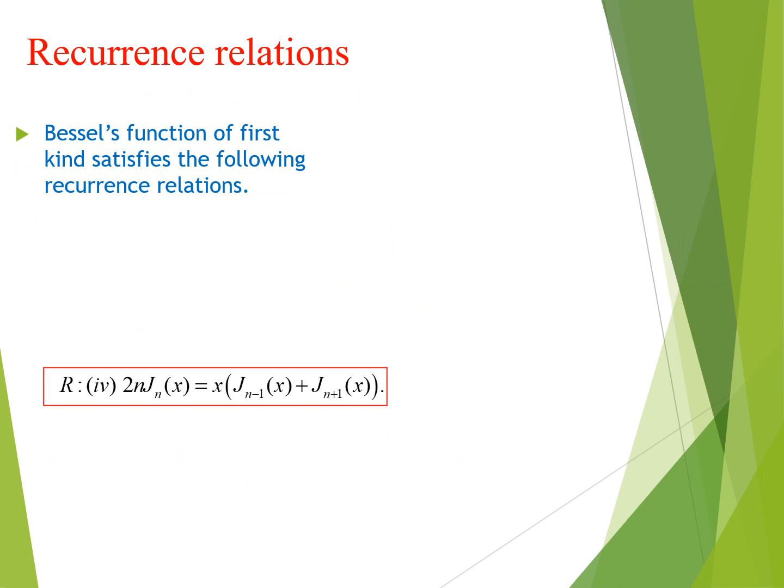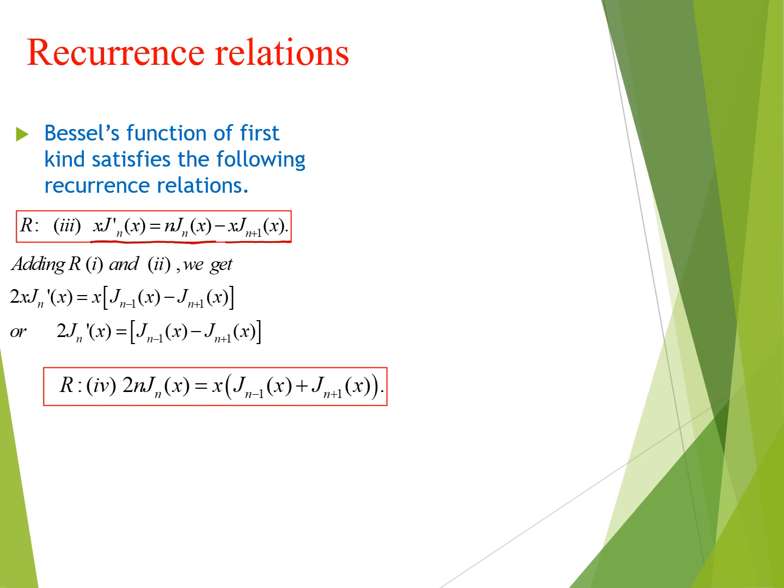Now for the third recurrence formula, that is 2 Jn dash is equal to J n minus 1 minus J n plus 1. To prove this, we require the first and second recurrence formulas. When we add the first and second recurrence formulas, we get 2x Jn dash is equal to x J n minus 1 minus J n plus 1.